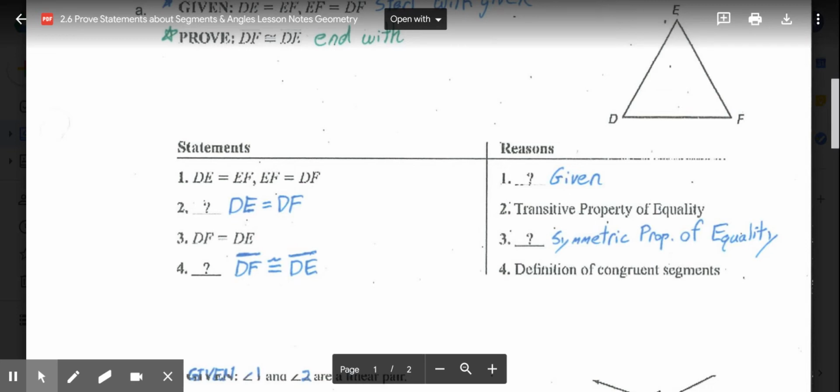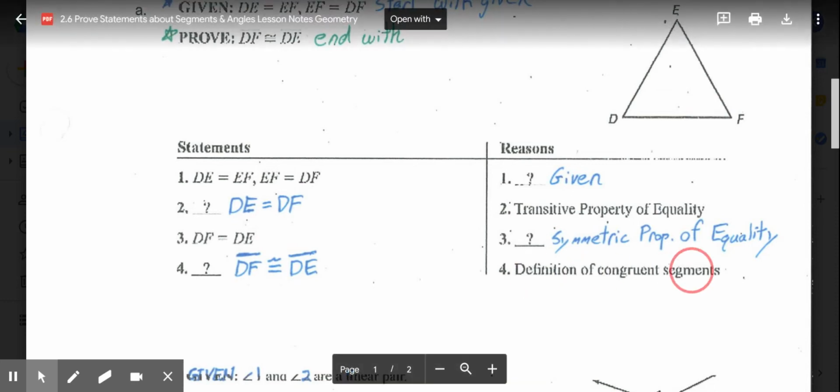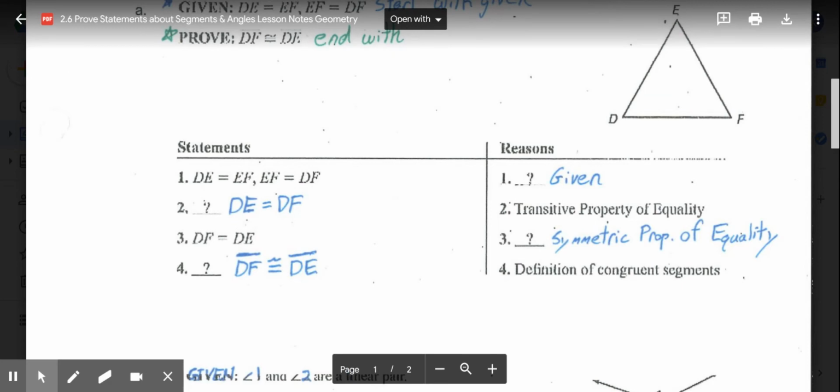And then in the final step, they stated that segment DF is congruent to segment DE. That is based on the definition of congruent segments, because if we know DF equals DE, then we also know the segment DF is congruent to segment DE based on that definition of congruent segments.